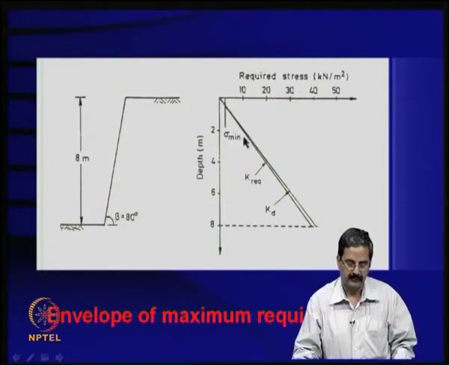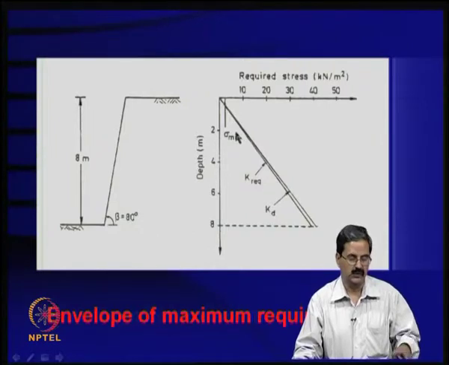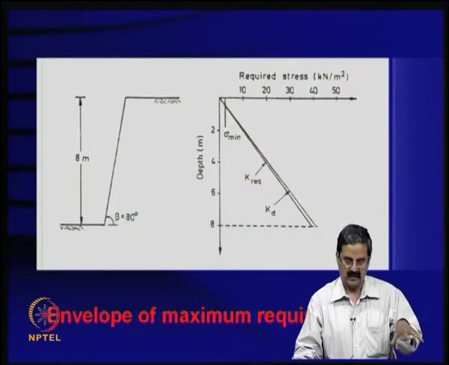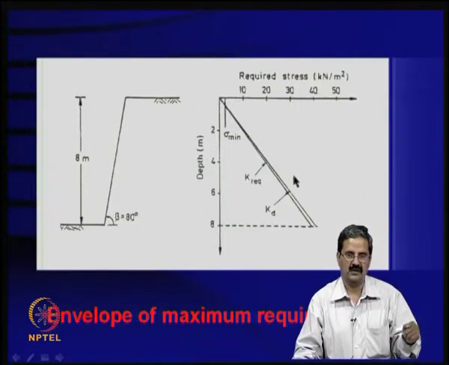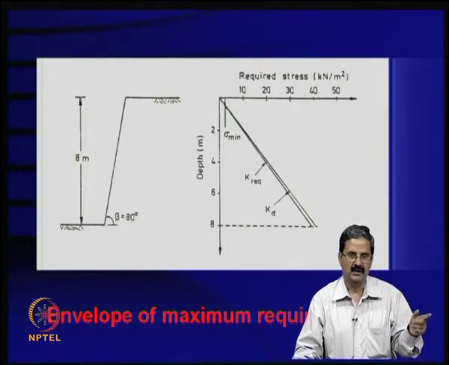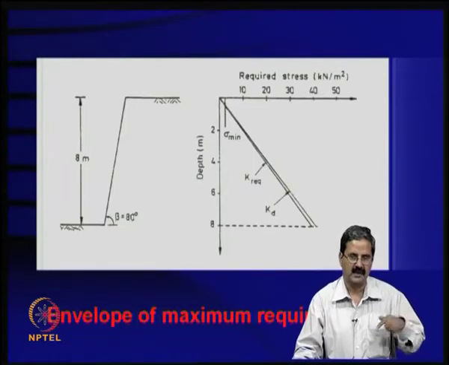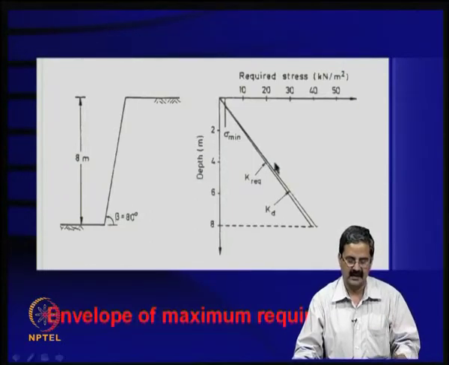How do you get that? One can also do this: it is a sandy material only, and you do a consolidation, e-log-P curve for that, and then you can draw the tangents from either side, and you get an intercept, which may correspond to 100 kPa.